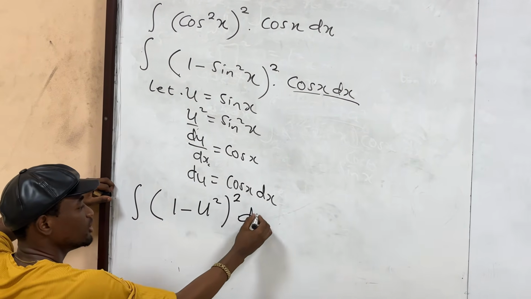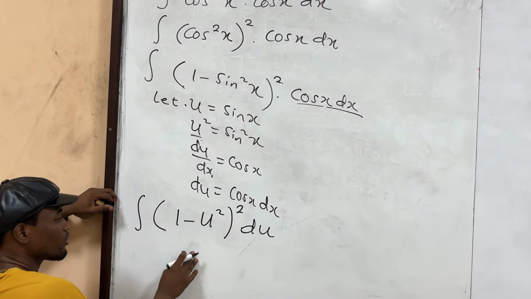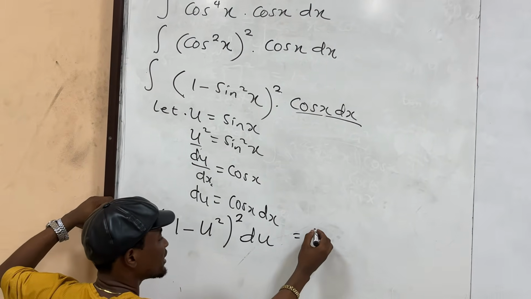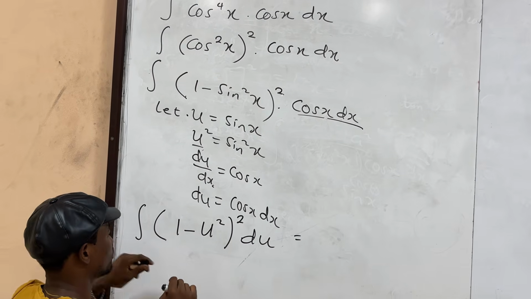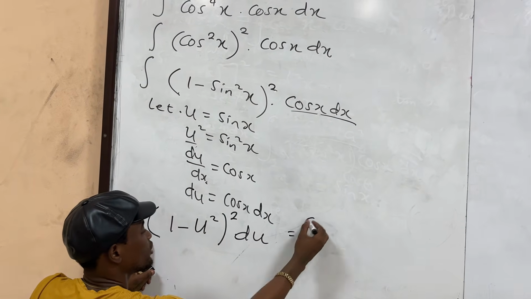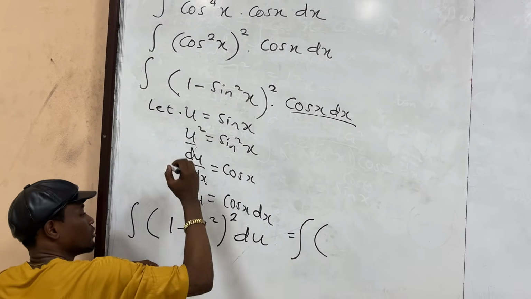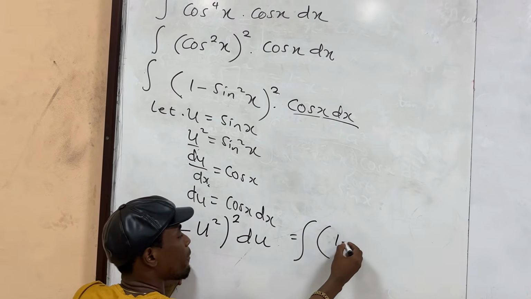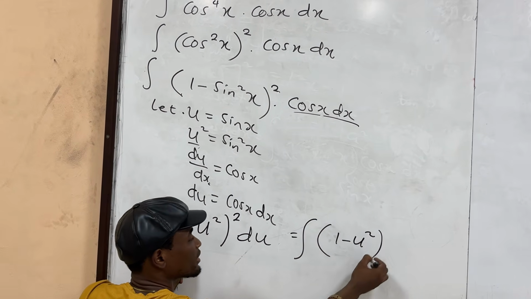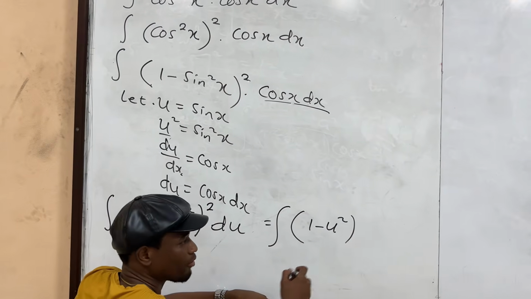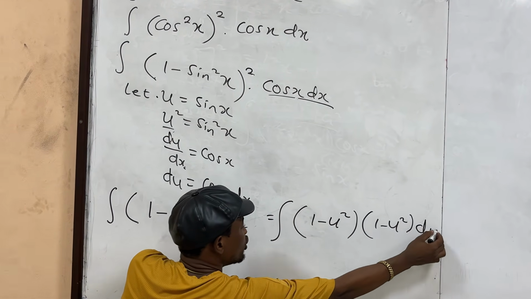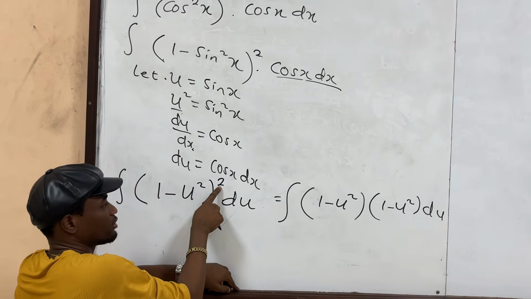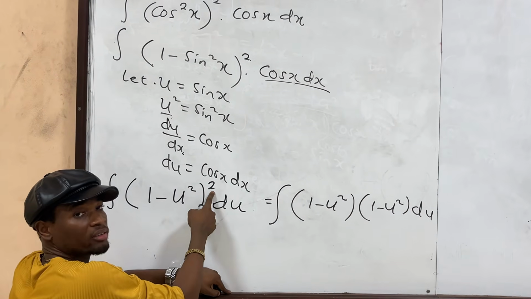So this is the same as the integral of 1 minus u squared, all squared, then du. This is very simple, right?